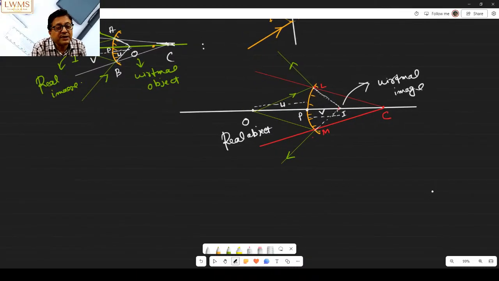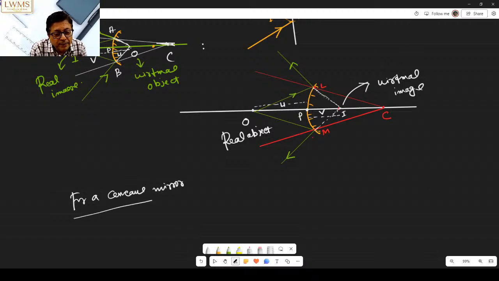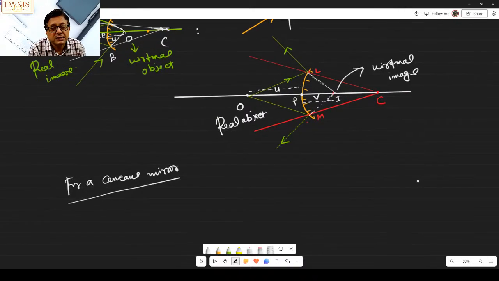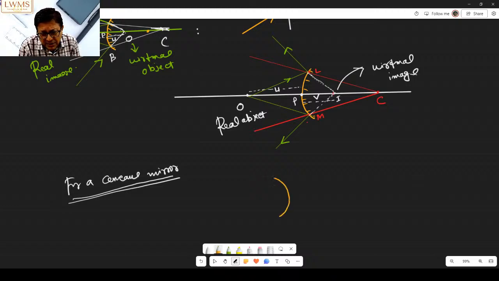For a concave mirror, what happens? You just take the mirror this manner. This one is a concave mirror.